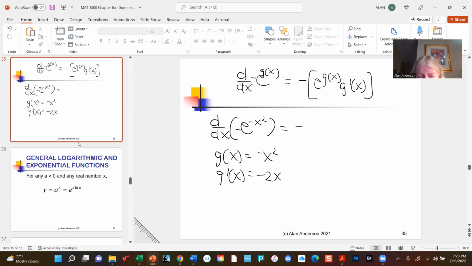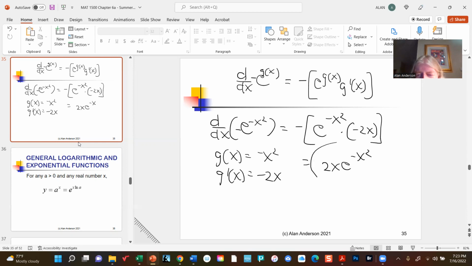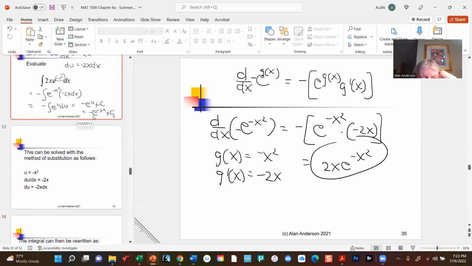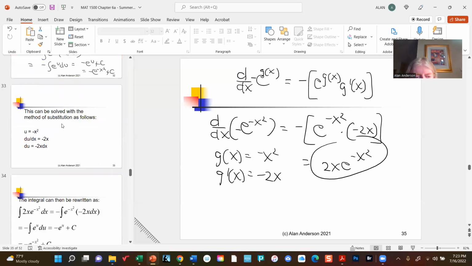So we're going to have minus on the outside, e to the minus x squared times minus 2x. And these two negatives cancel each other out. And so that's what we started out with. And so that proves that we've done this correctly. It's always nice to double check. And of course, you can always lean on our friend Symbolab too, if you want to.